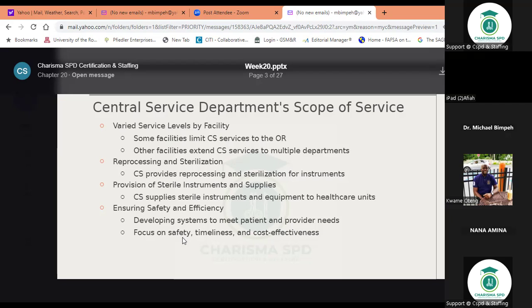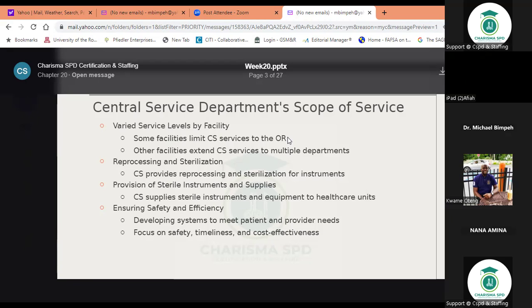Now, some facilities limit central service to the OR. Yes, but in recent times, see the word central, we try to centralize, but still there are some facilities that use those departments. For example, radiology. If they have a machine called a trophon, some process their own probes, and those things are still happening.